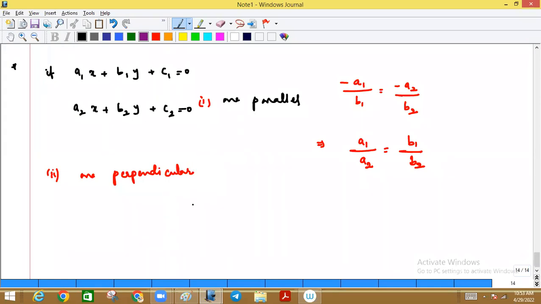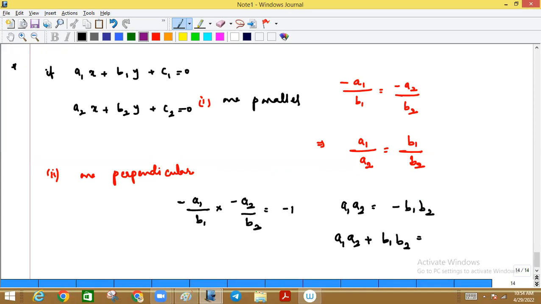If they are perpendicular, the product of their slopes is what? Minus a1 by b1 into minus a2 by b2 is equal to negative 1, which means a1 a2 is equal to negative b1 b2, or else you can say a1 a2 plus b1 b2 is equal to 0.